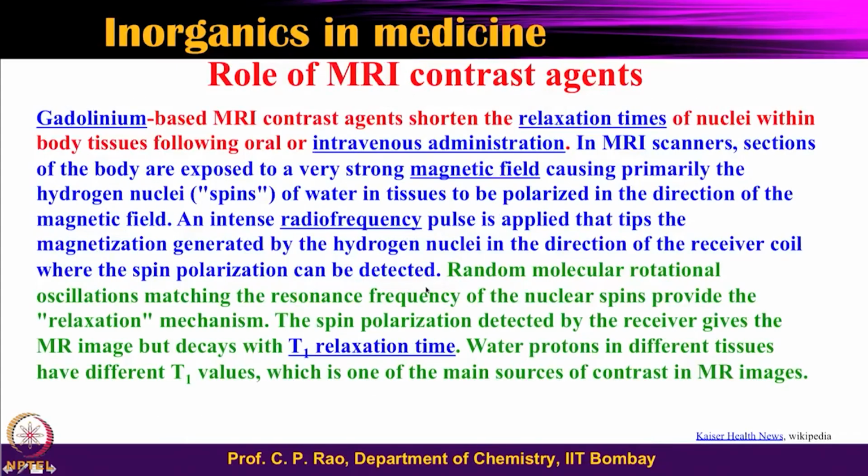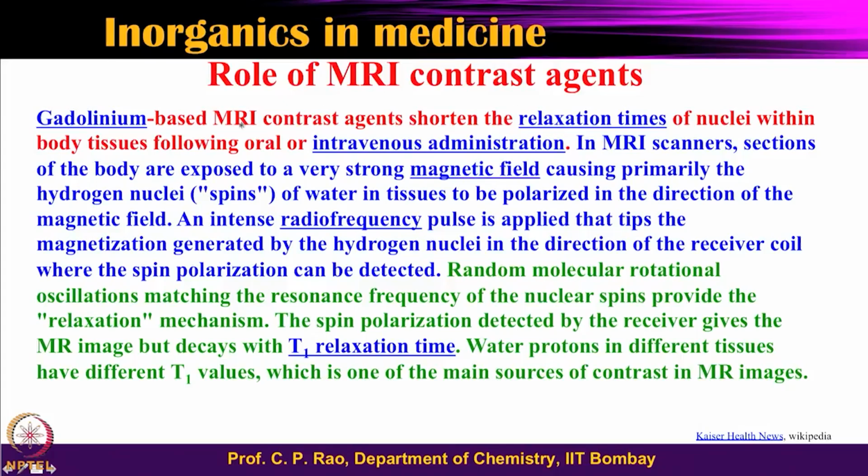So, what is the principle here? What you need is a contrasting agent which shortens the relaxation time. There are two types of relaxation times: longitudinal, which is T1 for the proton nucleus, and transverse, which is in the XY plane, while longitudinal is the vertical or Z plane.